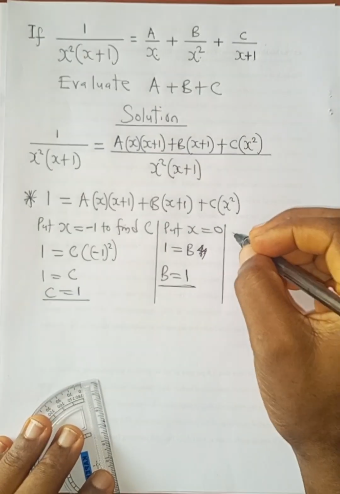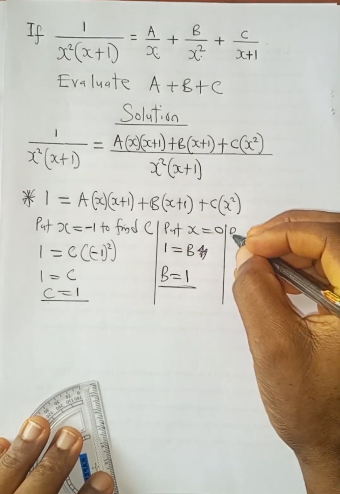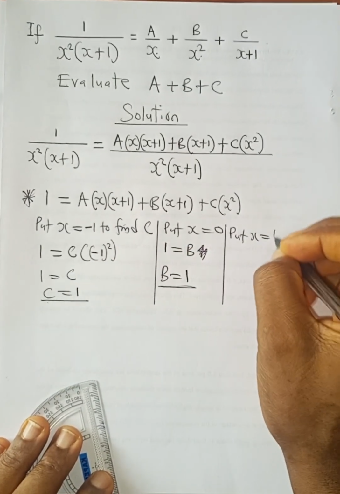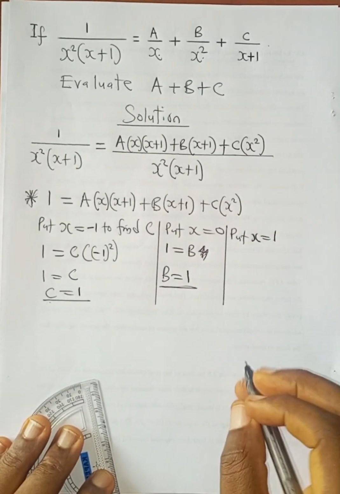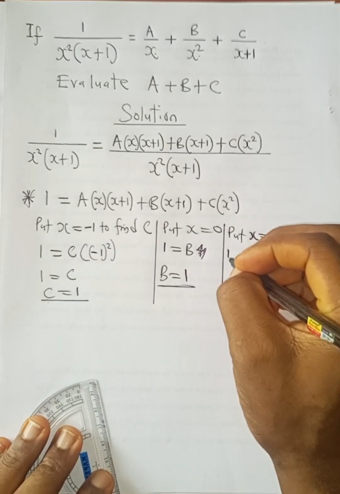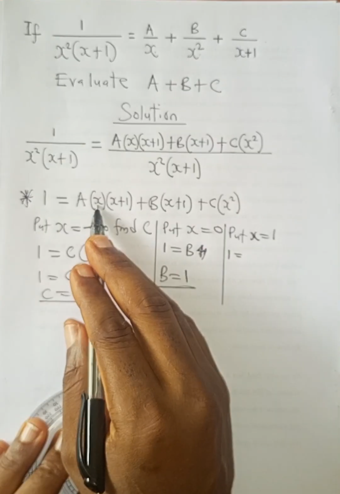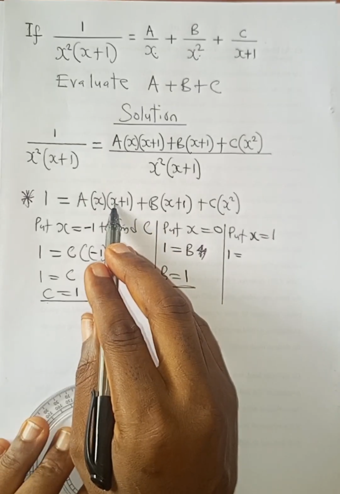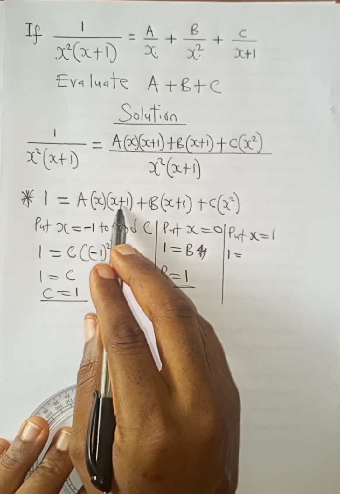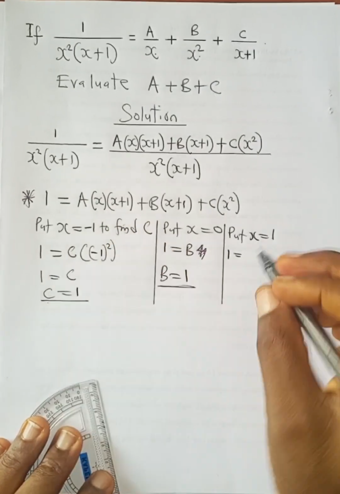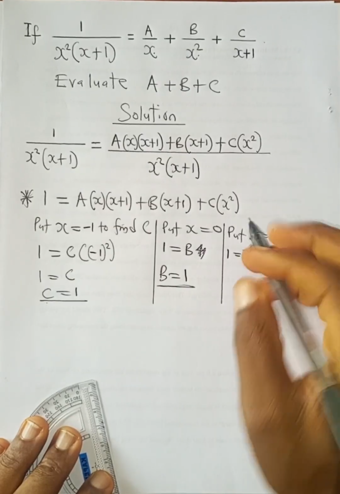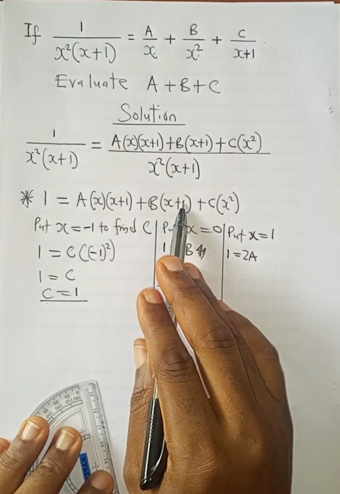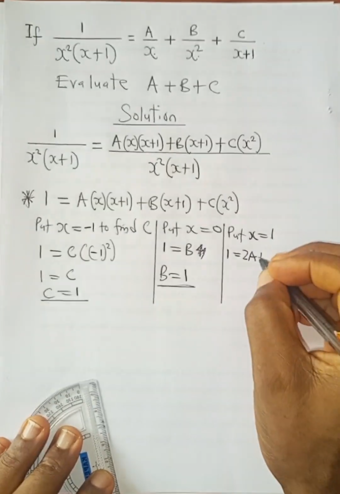Now, we can put anything we have not put before. For instance, we can put that s is equal to 1. If we do that, we have 1 is equal to, put 1 here, 1. Put 1 here, 1 plus 1, 2. 2 times 1, 2. 2 times A, 2A. Put 1 here, 1 plus 1, 2. 2 times B, 2B.